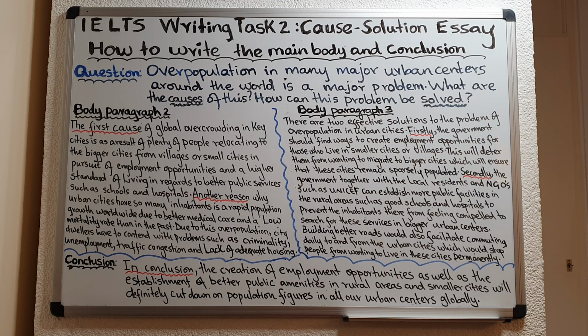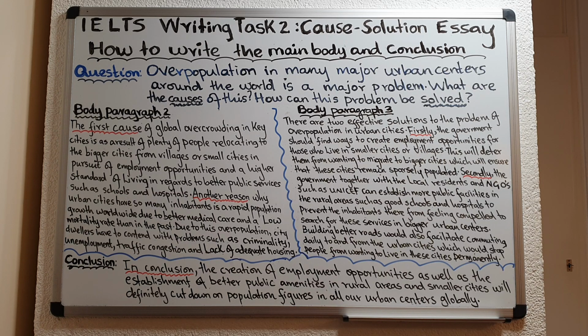So I have my first solution and I have elaborated it, okay? And as you can see, I have written my first solution using compound sentences. Firstly, the government should find ways to create employment opportunities for those who live in smaller cities or villages, okay?